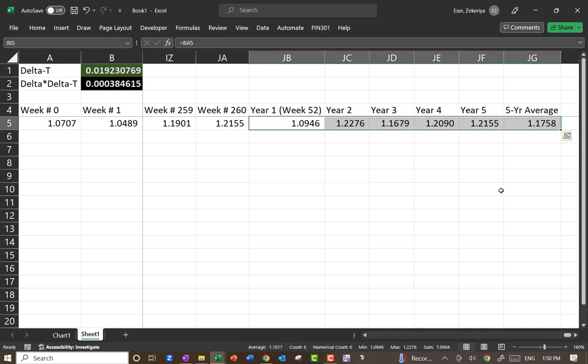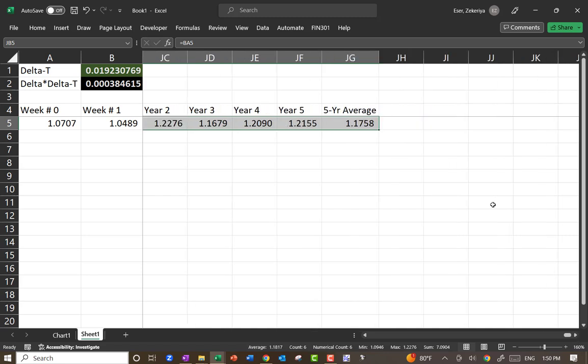In this specific path, the exchange rate ended up being 109.46 1 year from now, 122 2 years, 116 3 years, 120 4 years, 121 5 years, but it averaged 117.58. Since I have those, I can calculate the payoffs.